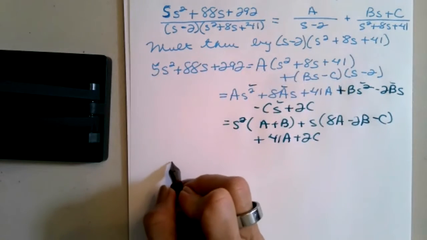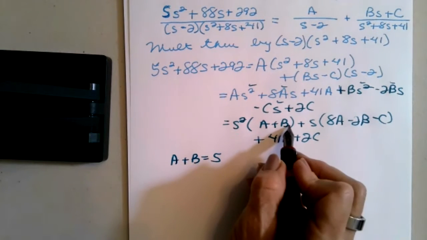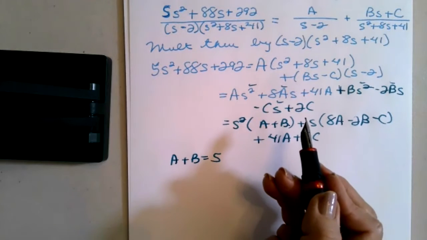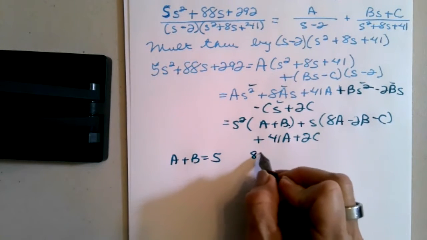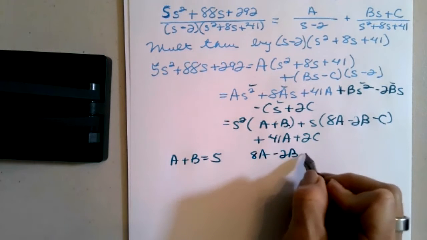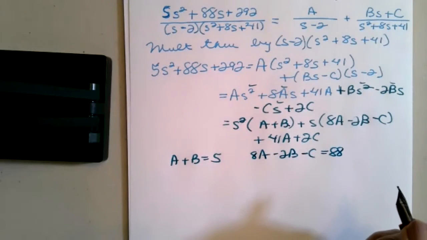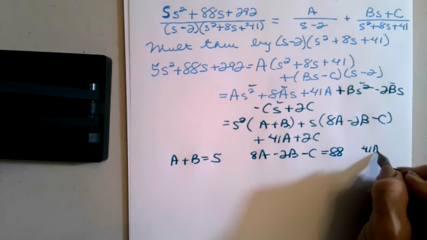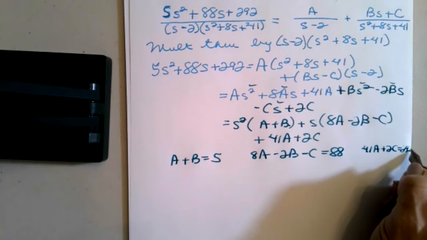Perfect. So A plus B has to equal 5 because the coefficient of s squared on the left and right have to match. That's the whole idea of partial fractions. The s terms, 8A minus 2B minus C, have to equal 88. And the constant term says 41A plus 2C has to equal 292.